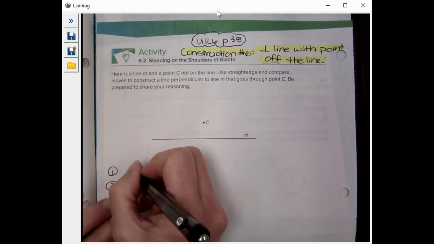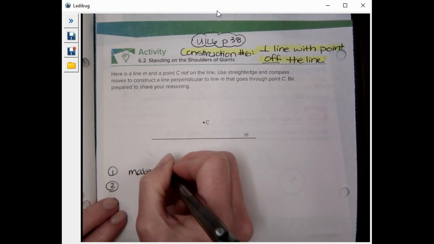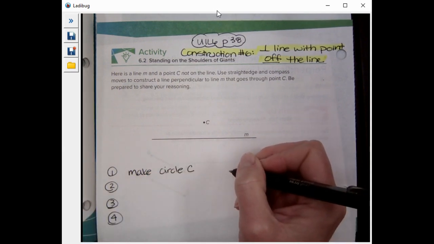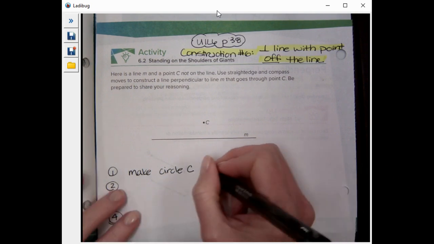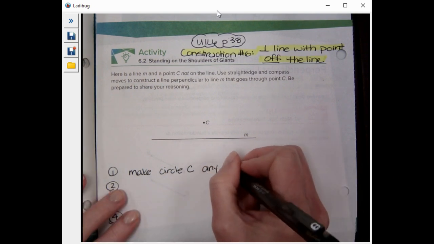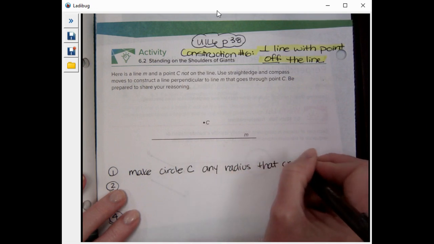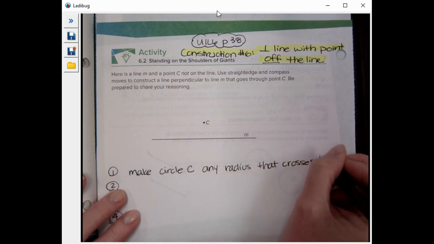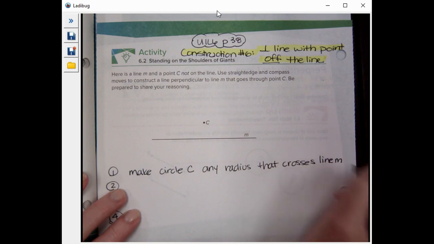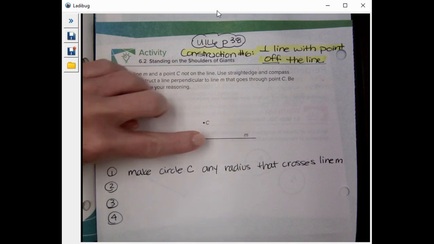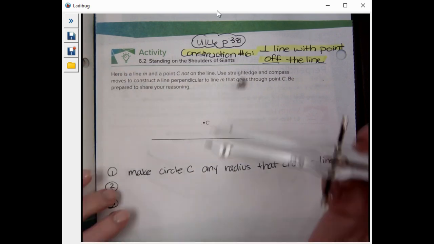So we're going to make circle C. Now, the radius really could be anything, any radius that crosses line M. So yesterday, or in the last lesson, you'll remember that it could be any radius at all. It didn't matter because my point was on the line. So now I couldn't use this distance.